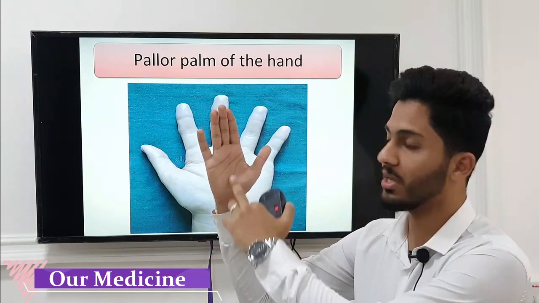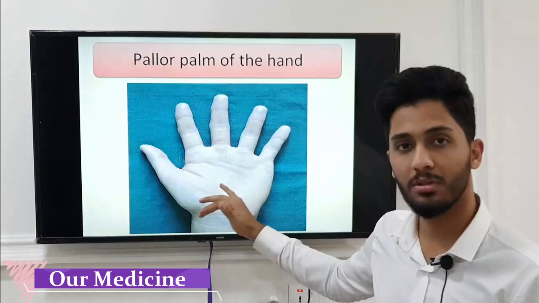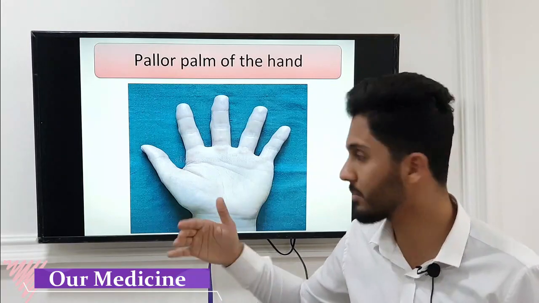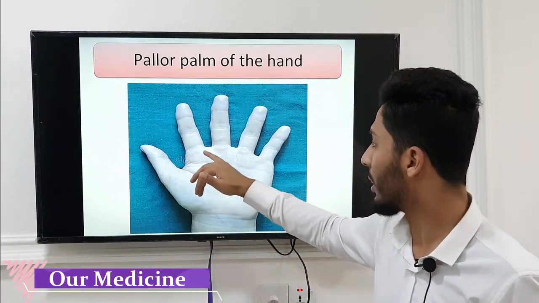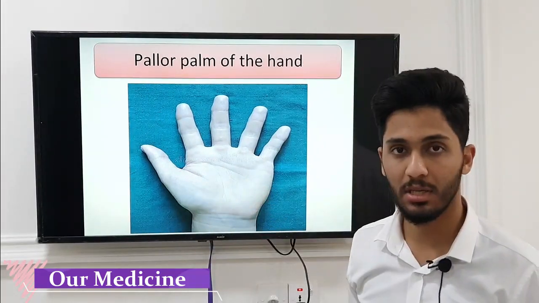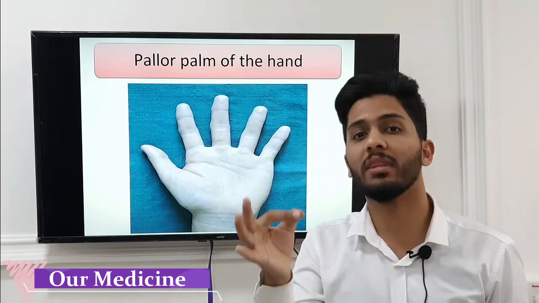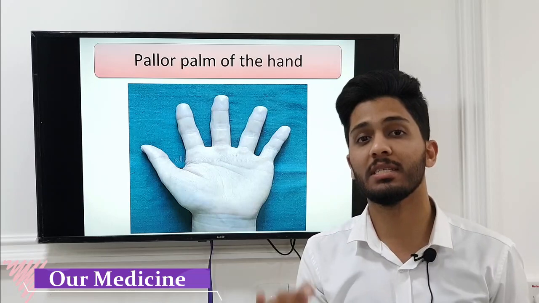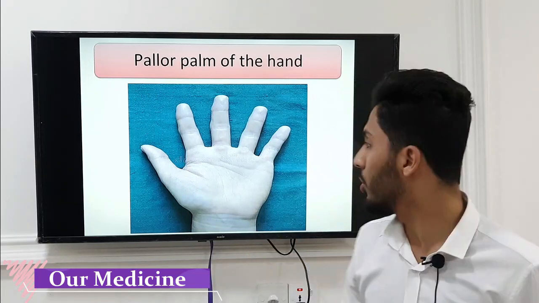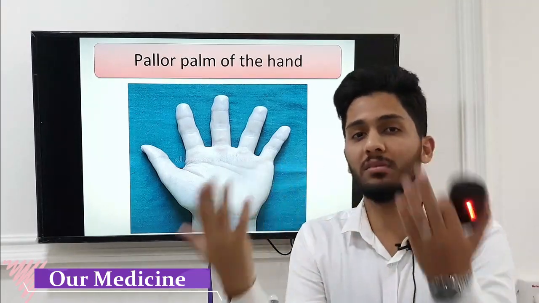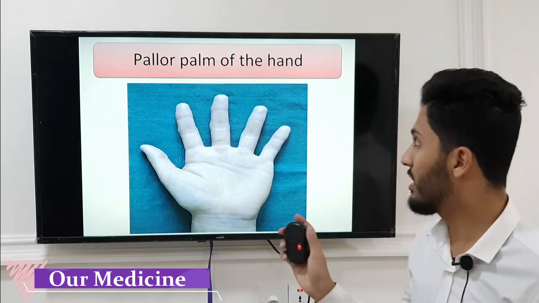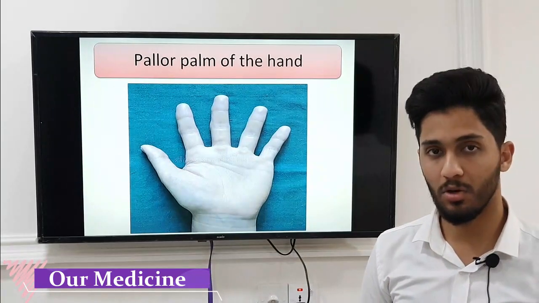Dark palmar creases. Okay. A patient with anemia or pallor, you will find light palmar creases. And in severe anemia, when the Hb is less than 7 gram per deciliter, the palmar creases may not be recognized. This is regarding the sites of pallor.